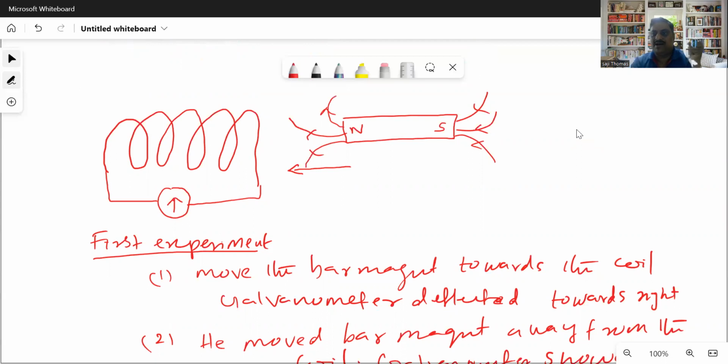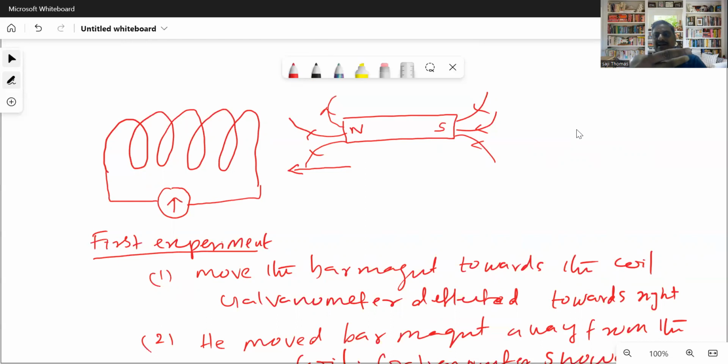Similarly, when you move the bar magnet away, the magnetic field and magnetic flux through the coil decrease.